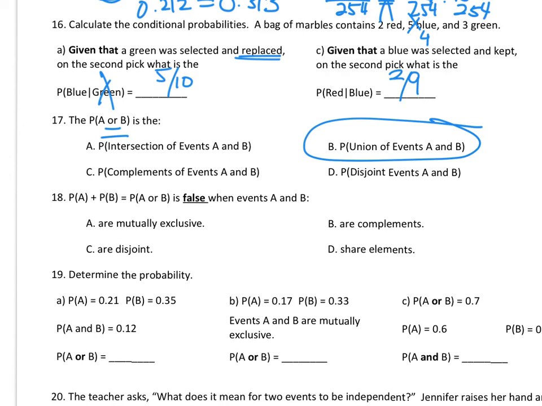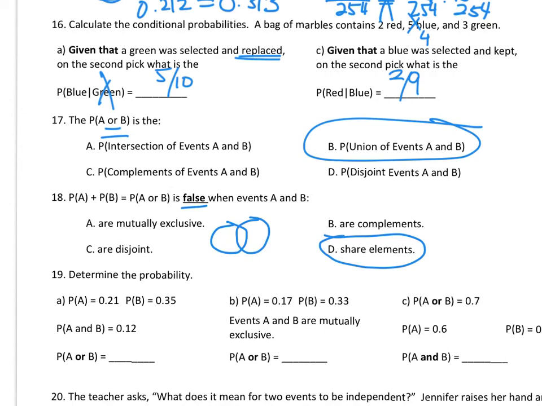The probability of A plus probability of B is equal to probability of A or B is false. It's false when events A and B are sharing elements. So for the case when those are overlapping, then we have to take away the probability of both happening in order to fix the equation.